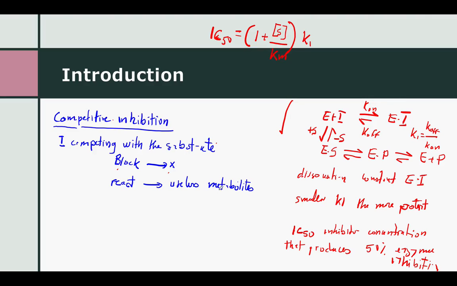The issue with these useless metabolites is they can actually be toxic, so that's something to keep in mind. Now, non-competitive inhibition is what we covered when we mentioned allosteric sites.